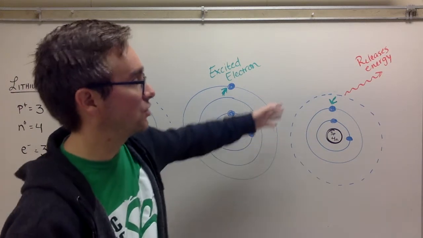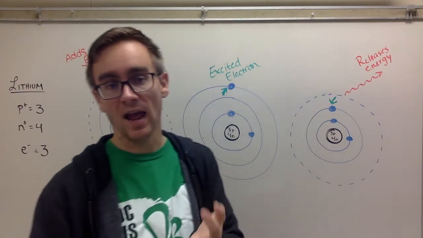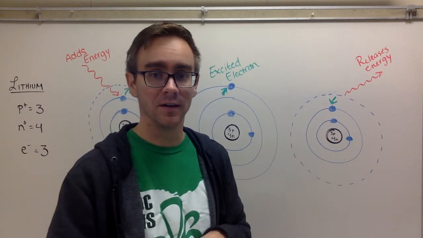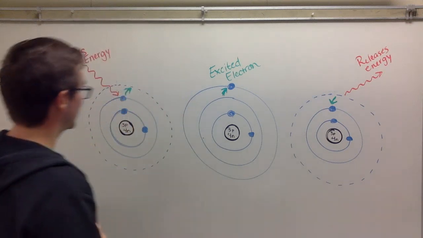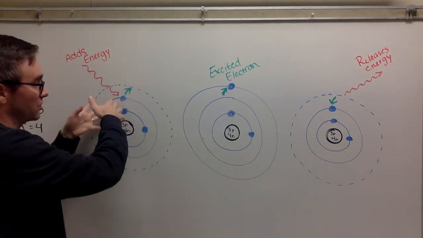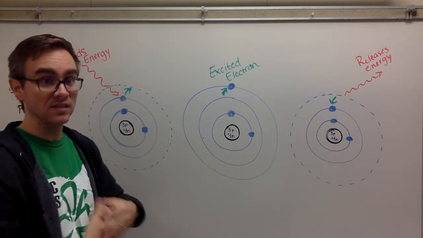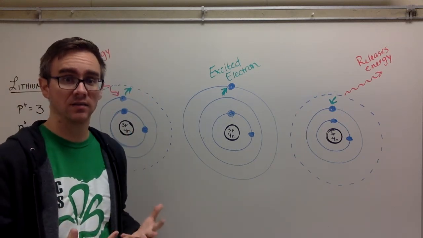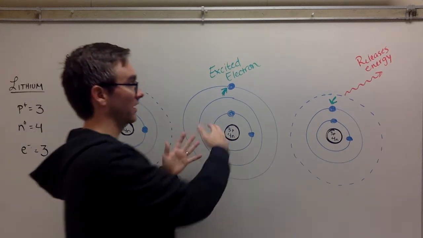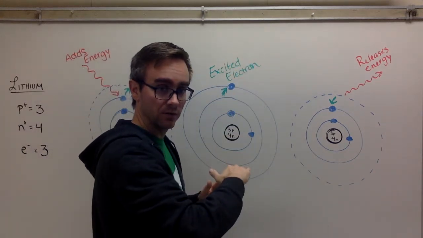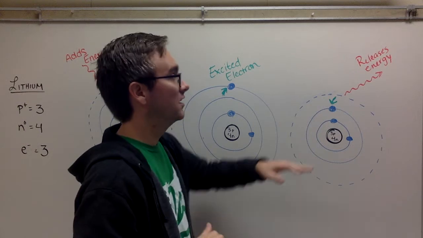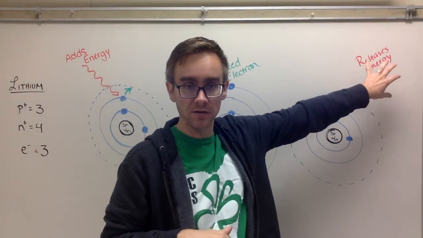That energy could be in the form of heat, sound, light. Sometimes if you add enough energy, you can even go up 2 energy levels. That's very excited, and that excited electron will then come back down. And when it comes back down real hard, it's going to release even more energy.